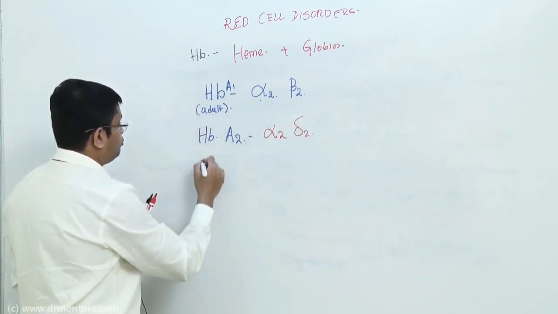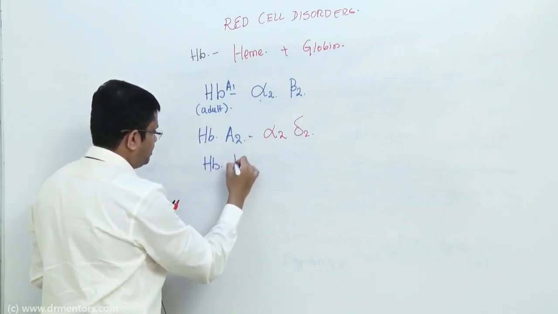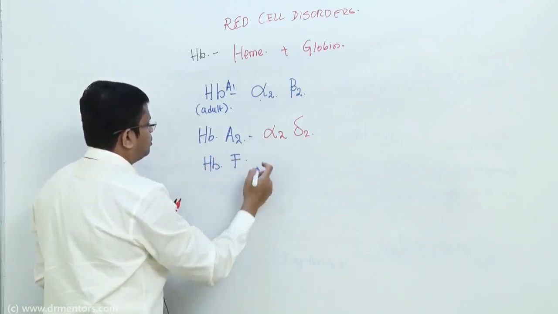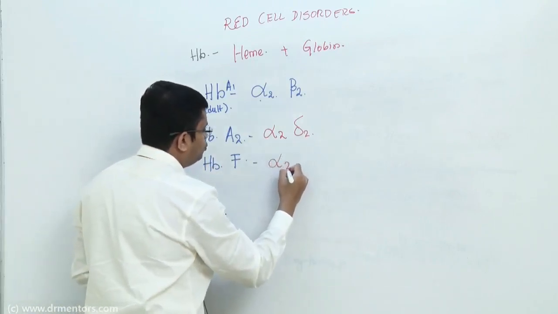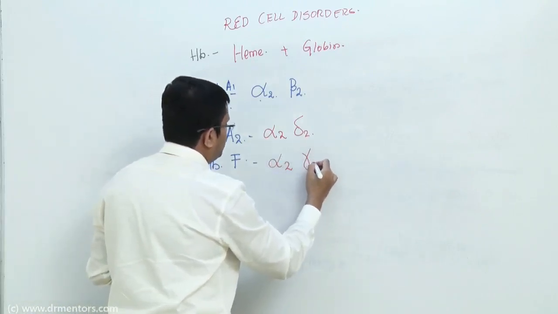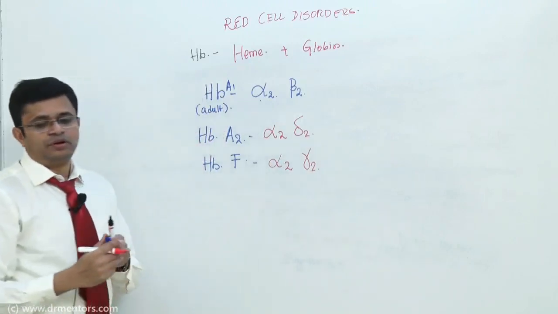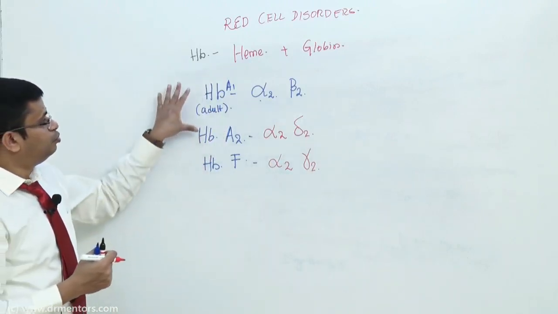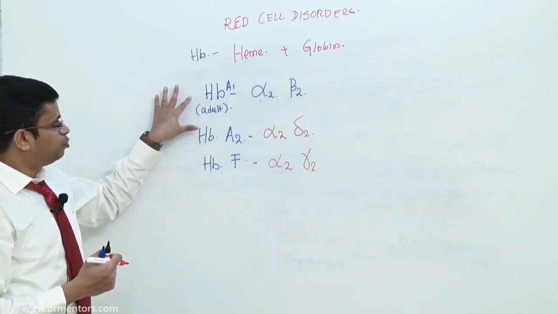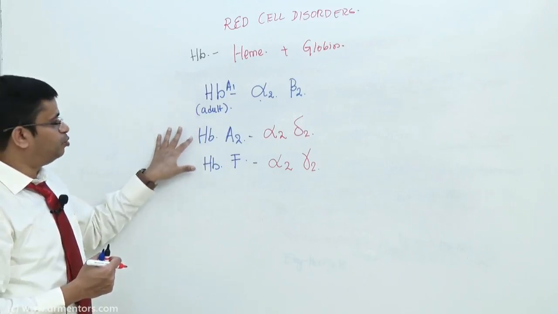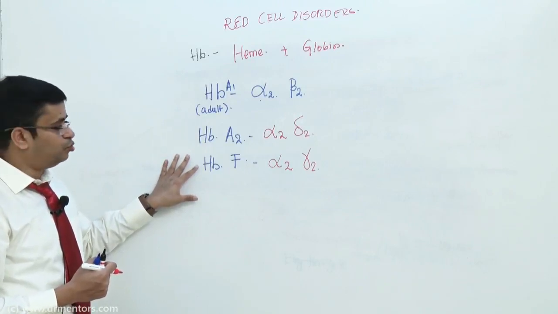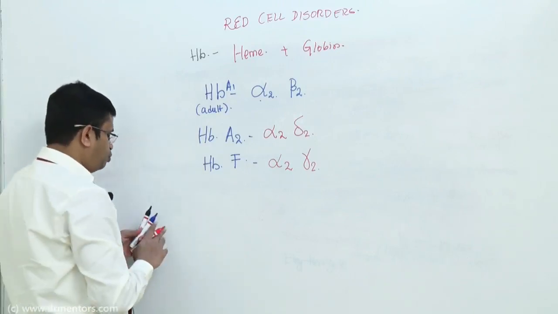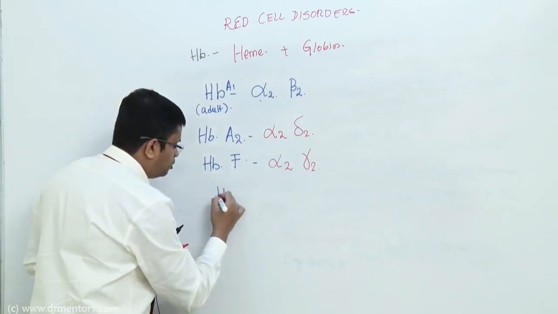Then we also have hemoglobin F, which is alpha 2 gamma 2. So I think we have learned 3 types of hemoglobins: hemoglobin A1, the adult type; hemoglobin A2, alpha 2 delta 2; and hemoglobin F, alpha 2 gamma 2. And there are a few more hemoglobins which we will be discussing now.